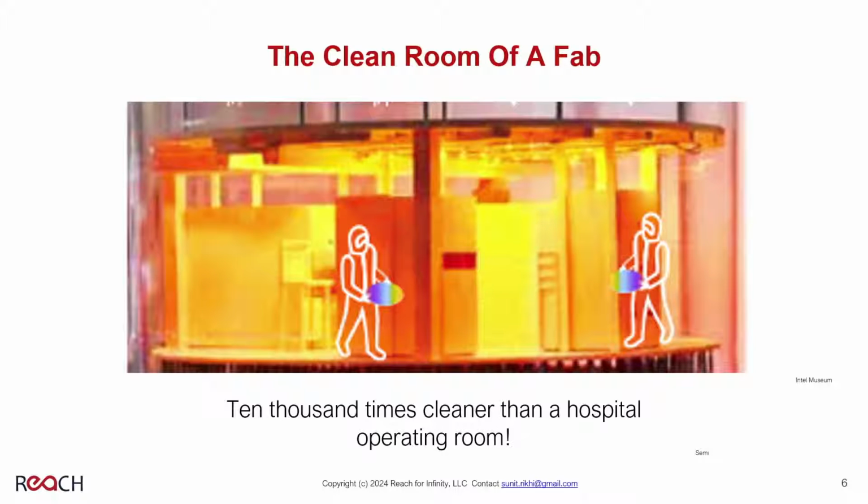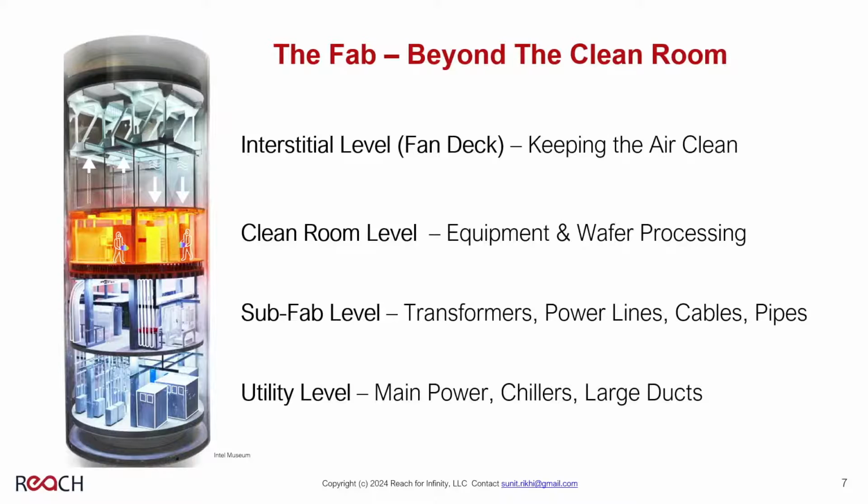But that clean room is just a part of a tower, a structure, and you can see that room is now shown in that whole tower. It has 4 major levels. The top one is called the interstitial level, or commonly known as the fan deck, because all it has is fans and filters.